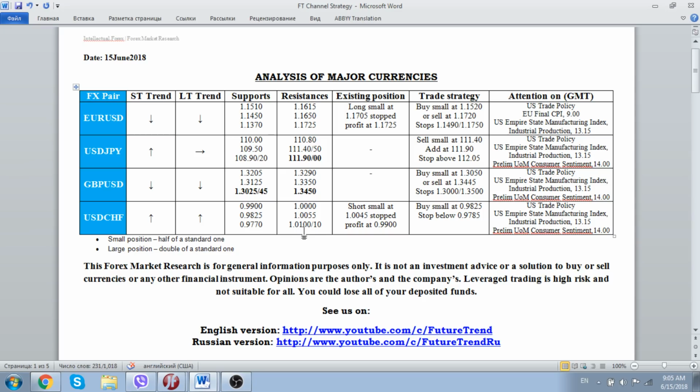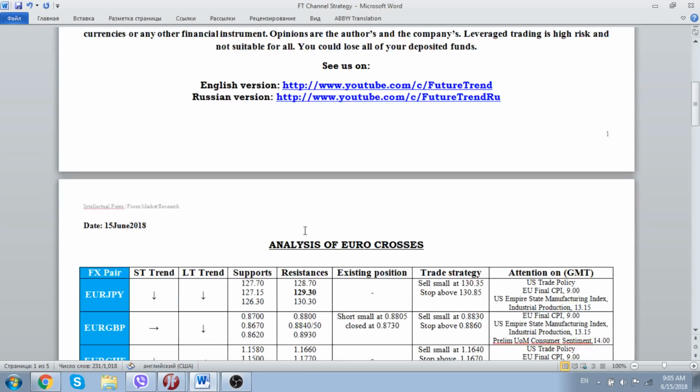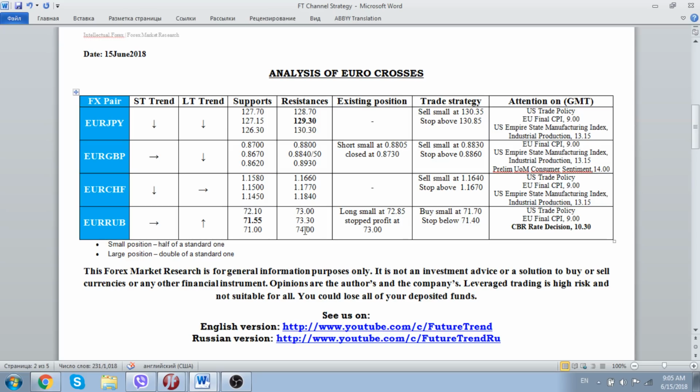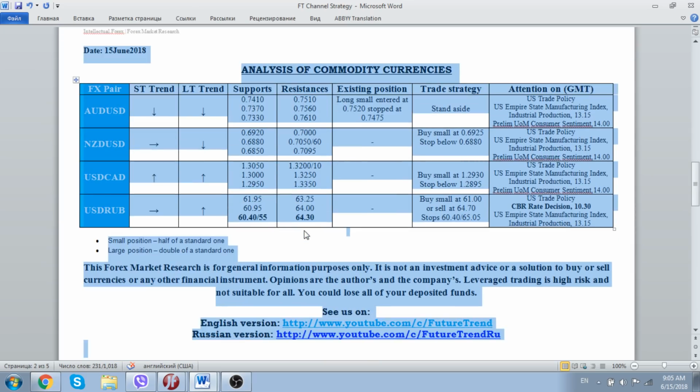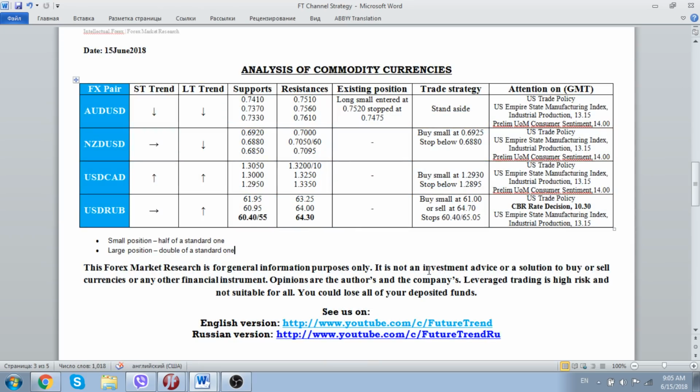So all in all, the situation at the moment is rather profitable for those keeping long dollar positions. That means that any kind of pullback of the euro dollar to the upside should be used as a selling opportunity. And for those looking for our strategy in the euro crosses, you could see that we are also tending to selling instead of buying the euro currency, and the same applies for the commodity block of currencies.